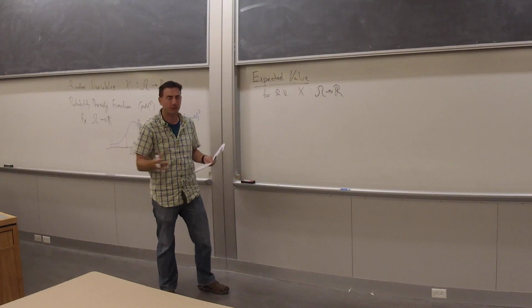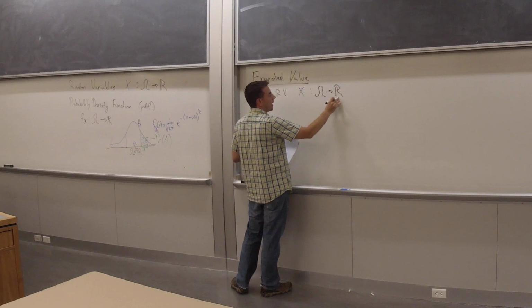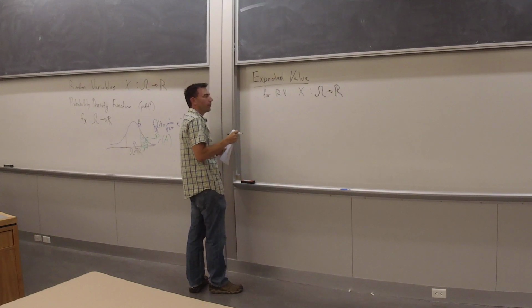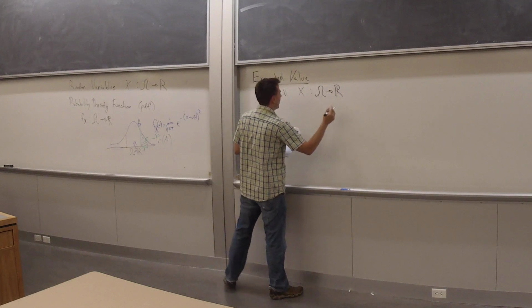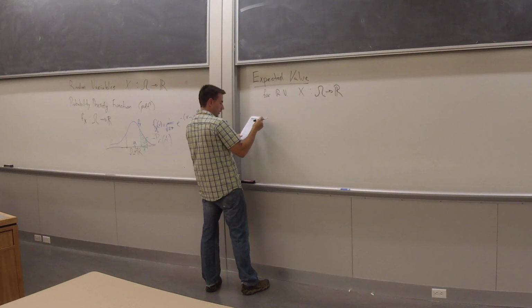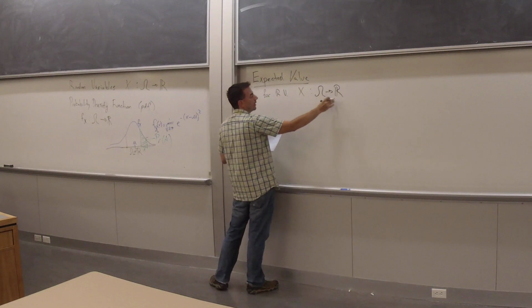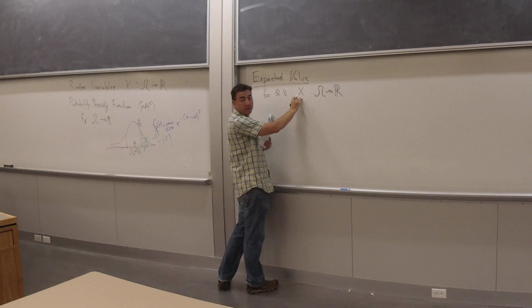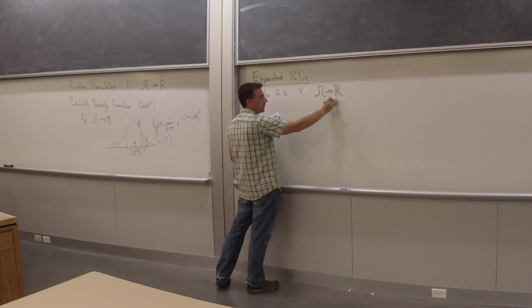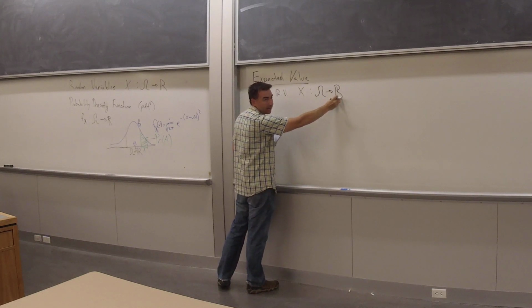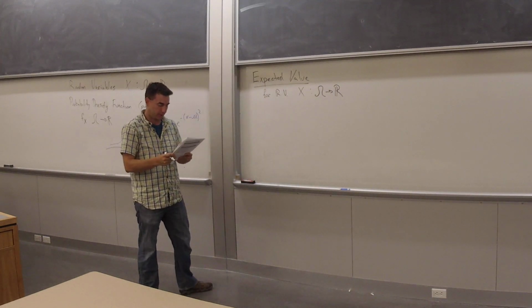This will make sense when it's onto the reals. The expected value is, if I look over all of the different probabilities and I integrate or add this up, whether it's continuous or discrete, a weighted average over the values it takes.